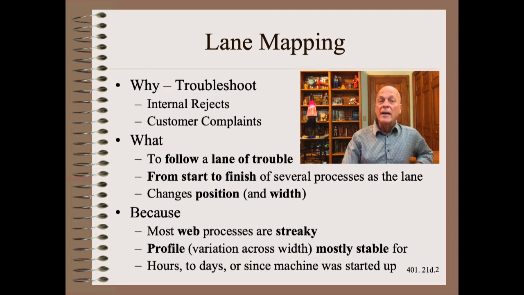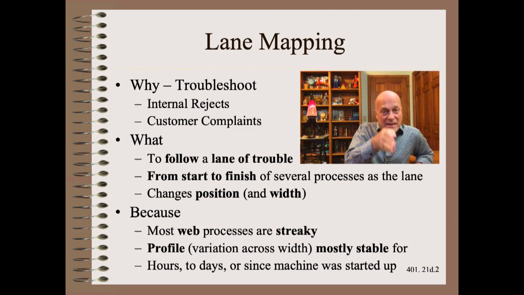You may already use some form of lane mapping to do troubleshooting of internal rejects and customer complaints. We got a great start last time when we described best practices for roll ID numbers. But that does not tell us precisely where across the manufacturing machine's width the trouble started.